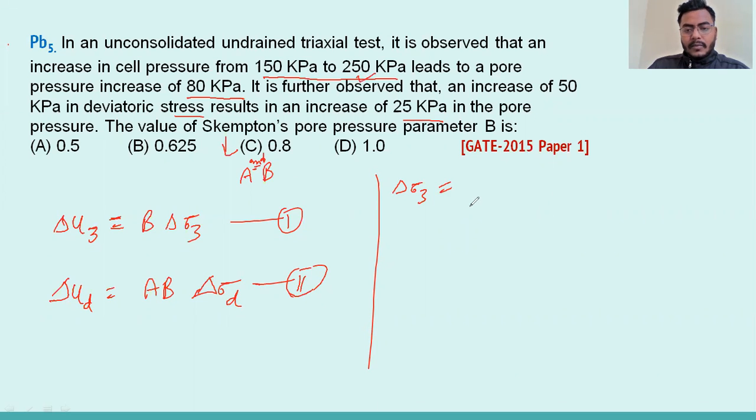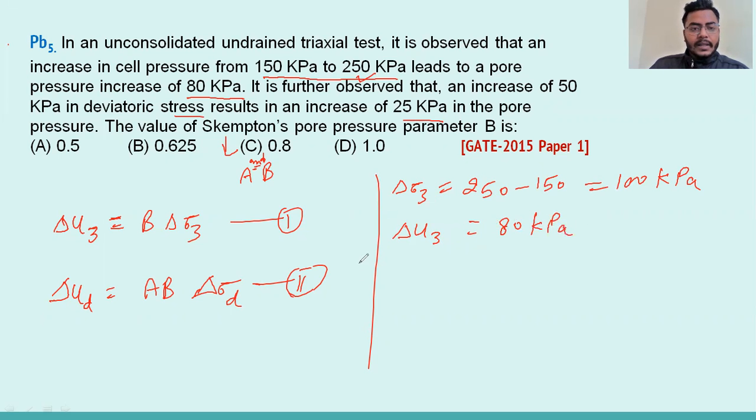Now we can come to the question. Cell pressure is increasing from 150 to 250, so the change is 250 minus 150, which is 100 kilopascal. By increasing sigma 3, the pore water pressure increases; we can write delta u3 is 80, which is given. Now the deviatoric stress increases by delta sigma d of 50 kilopascal.